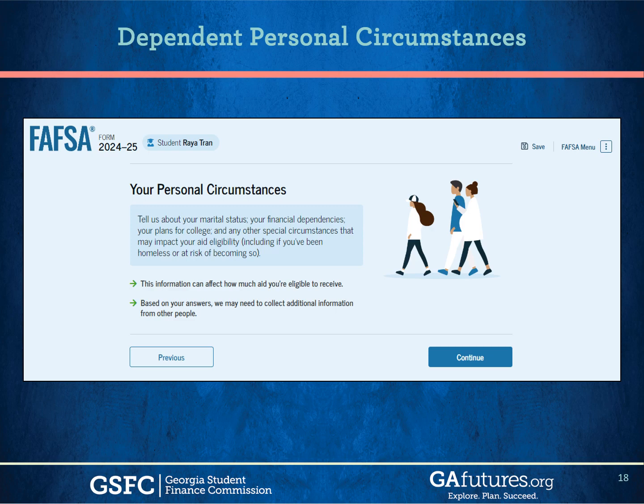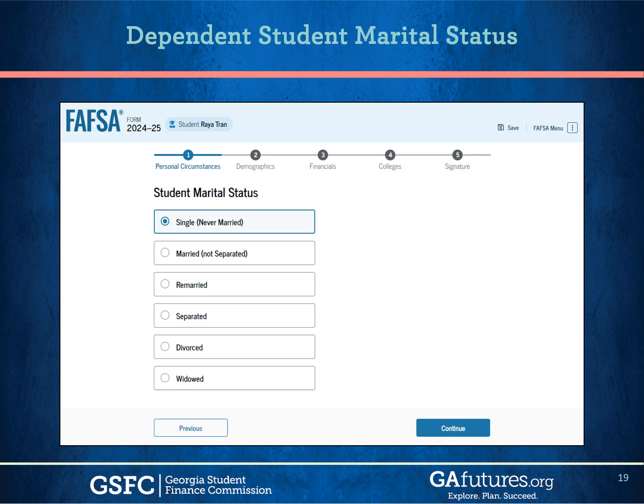The following questions will help determine your dependency status. The student is asked about their marital status. Students who are married or remarried are considered independent students. However, in our example, we are focusing on a single student.